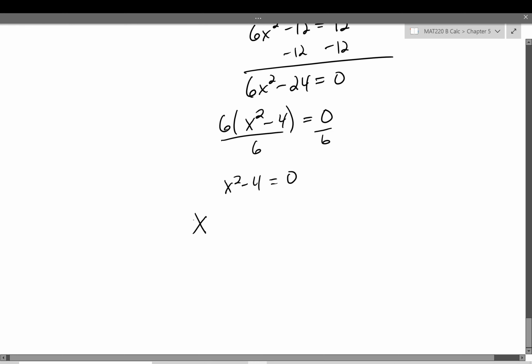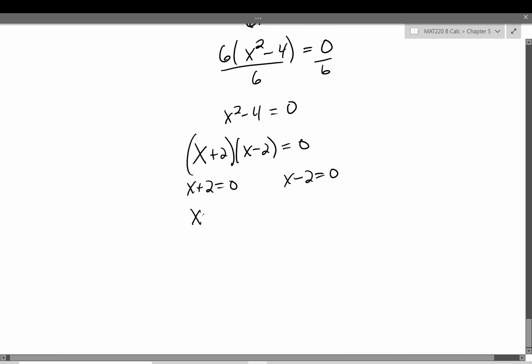That is a difference of squares, which means I can factor it into x plus 2, x minus 2. And last but not least, I will set each one of these factors equal to 0. And I will find that the intersection of these two functions will occur at x equals -2 and x equals +2.